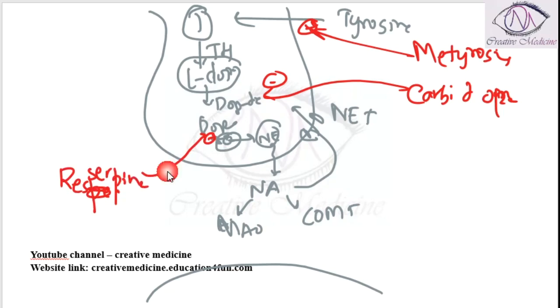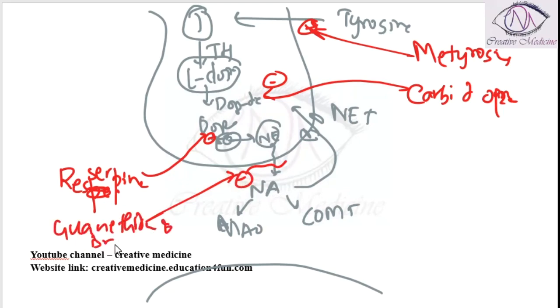Norepinephrine release outside into the synapse is inhibited by guanethidine and bretylium. Guanethidine and bretylium will inhibit the exit of norepinephrine to outside. Norepinephrine transport inhibitors are also present. So all these are the drugs which are important in catecholamine synthesis and metabolism.